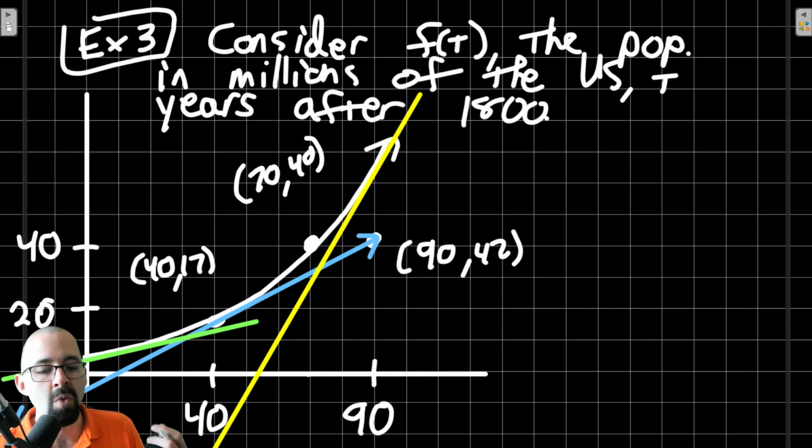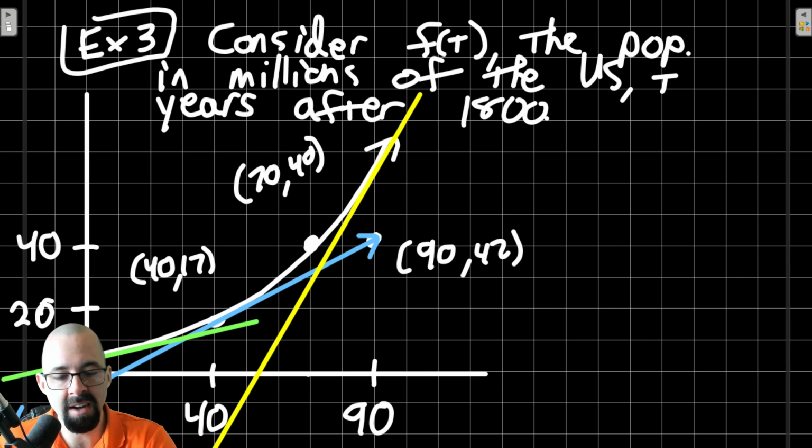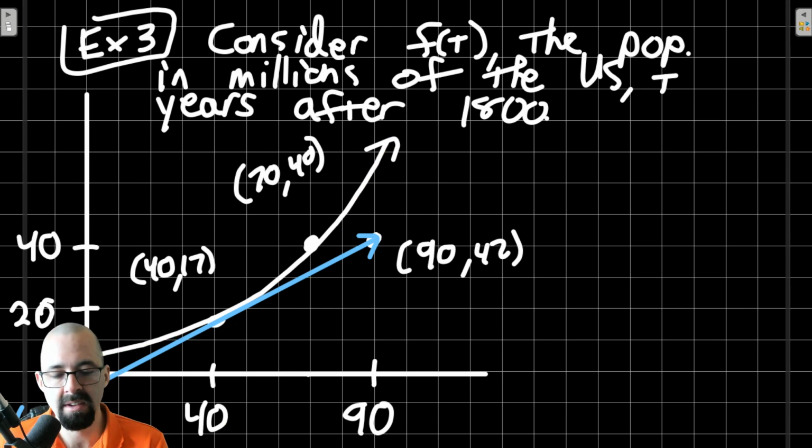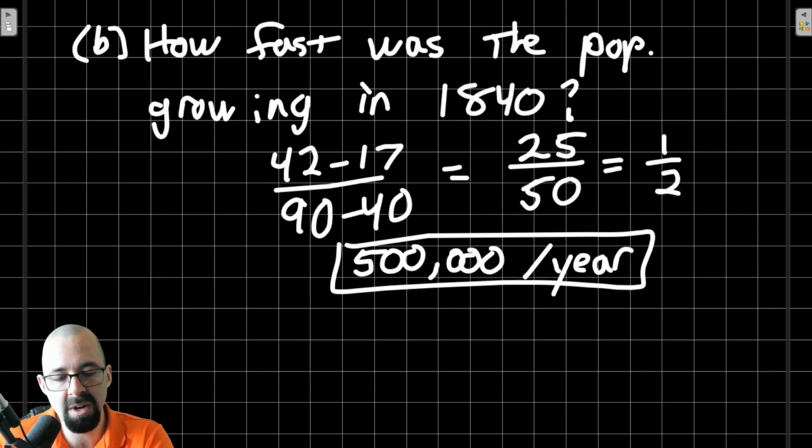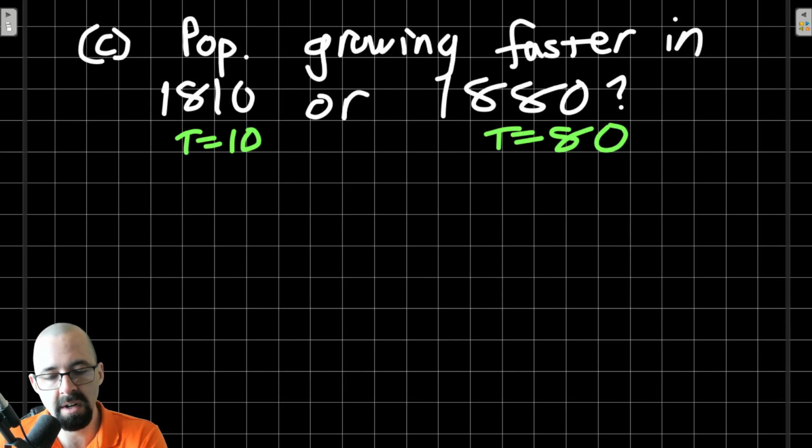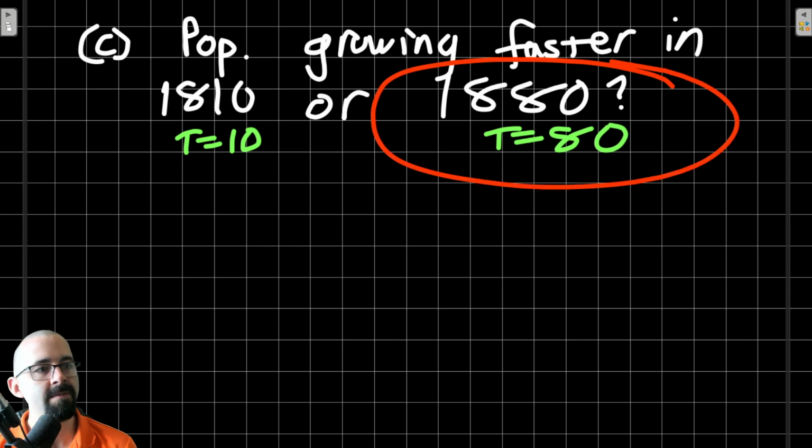That tells us which one is growing faster. And yep, the slope of the yellow line is much steeper. The population is growing faster in 1880, which makes sense. A lot of population growth is exponential, so later on, the growth is more. That's our answer right there.